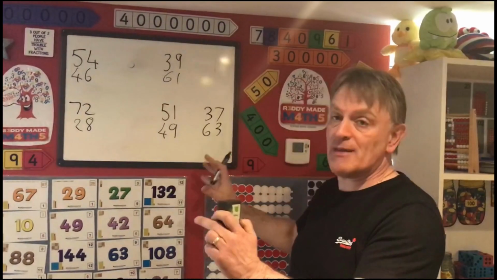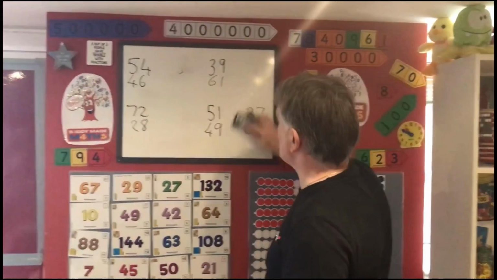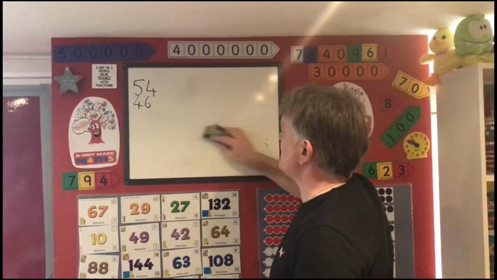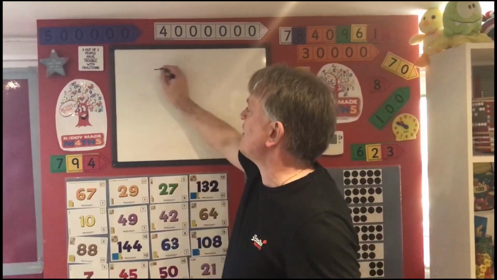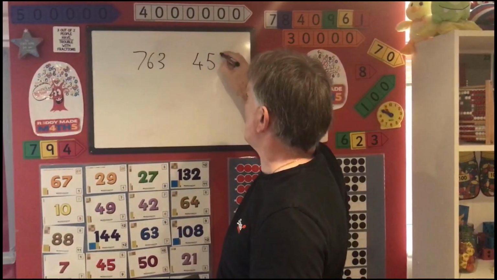Again, I would not teach them that trick until they've seen it all visually, then you can start to adapt it. If you remember yesterday, we extended that activity, so we had something like 763 add what, or 458 add what.